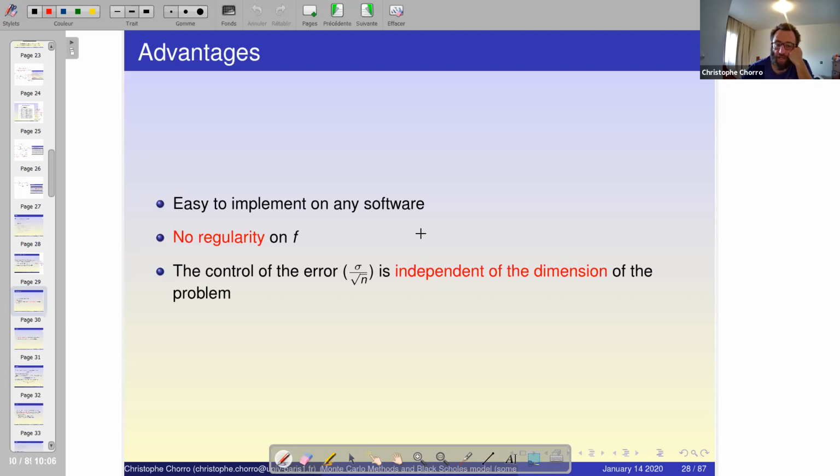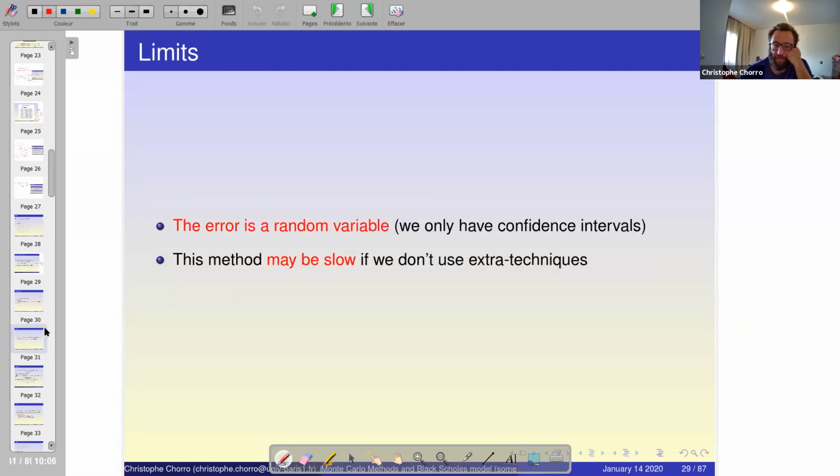But of course, I have a price to pay for these advantages. And the big price is the fact that the error I make is a random variable. At the very beginning of the course, I proved that in the case of the Riemann sum theorem, if I impose regularity on small f, I have something of this form.